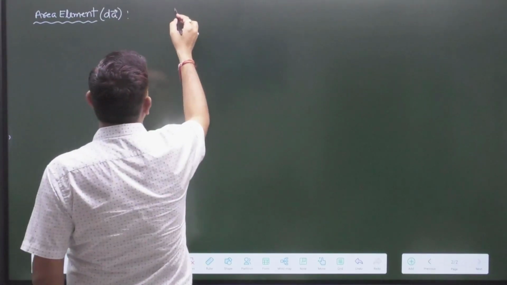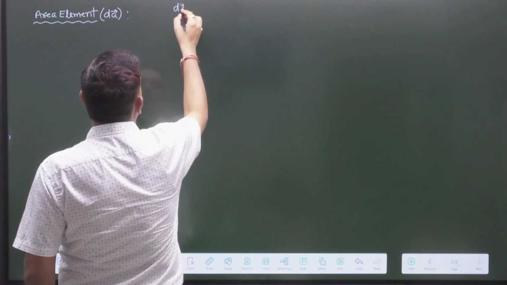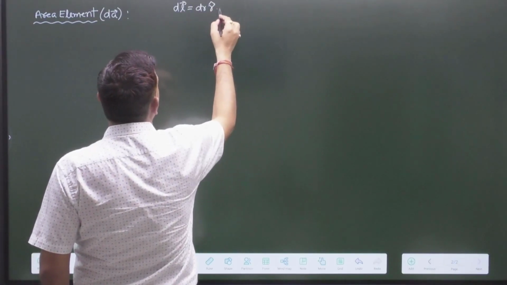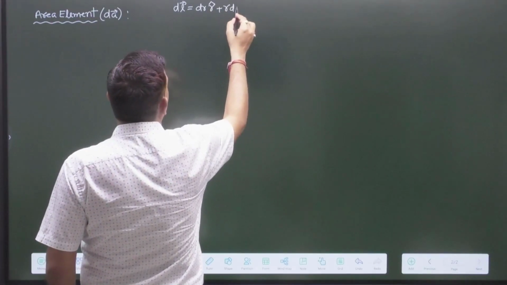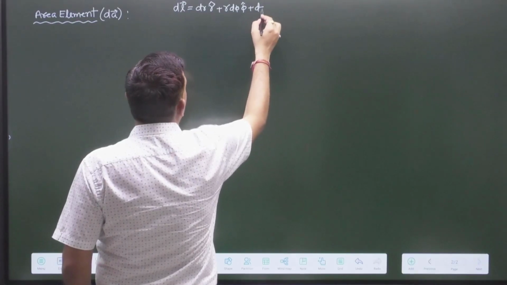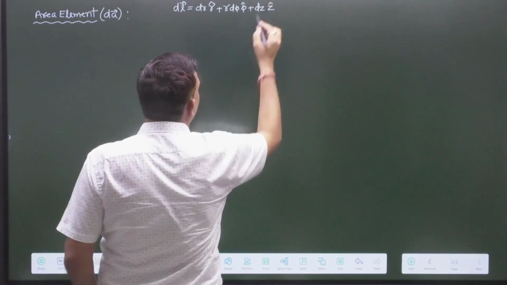And you know what the dl vector is, so I am writing it again here. This is dr r cap plus r d phi phi cap plus dz z cap.